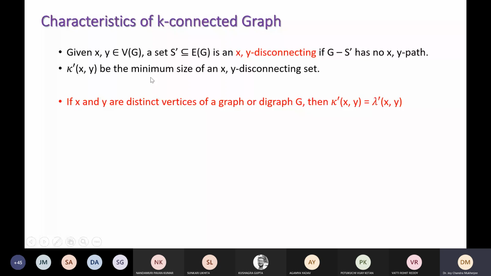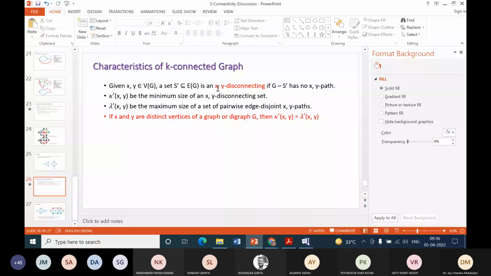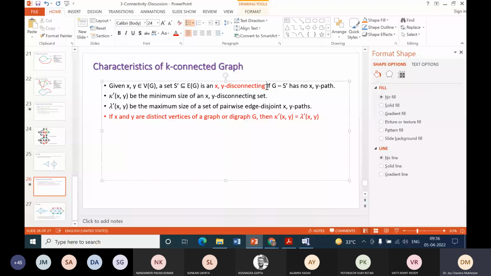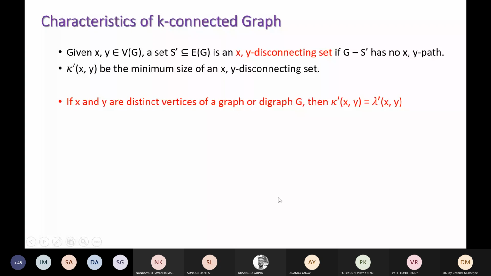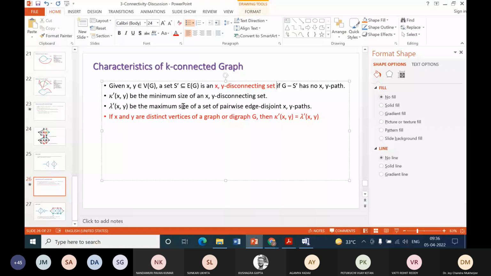So chi prime xy is the minimum size of an xy disconnecting set. And lambda prime xy is the maximum number of pairwise edge disjoint xy paths.